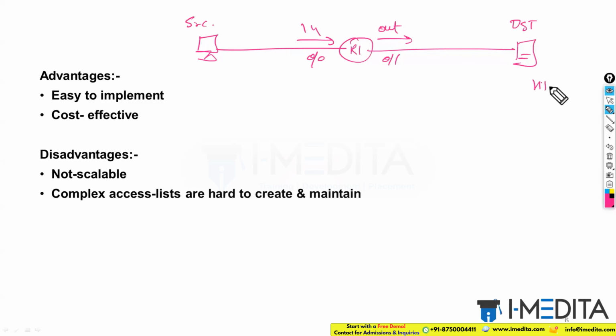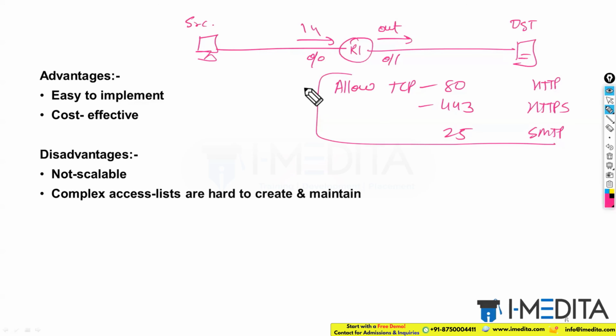If the server is HTTP, we need to allow TCP/80. If it is HTTPS, we allow 443. If it is SMTP, we allow TCP port 25. If we know the port, then it is easy to implement.